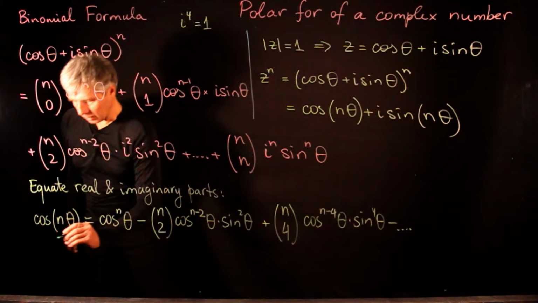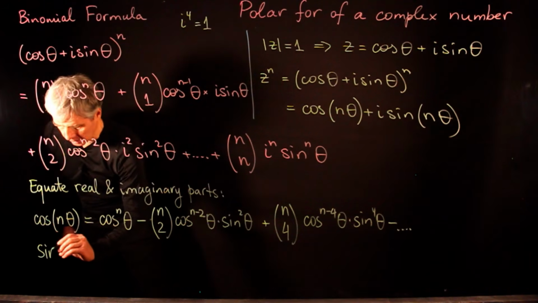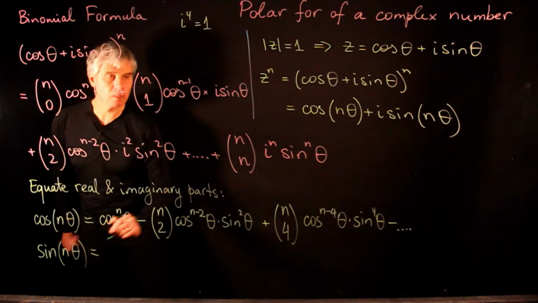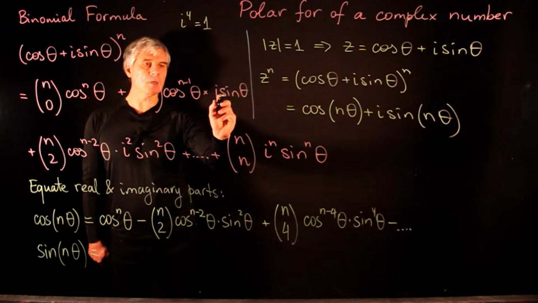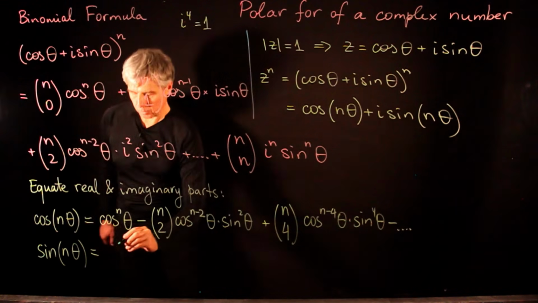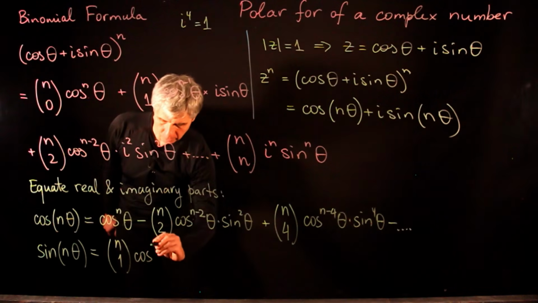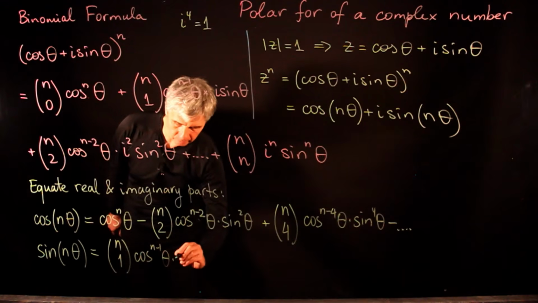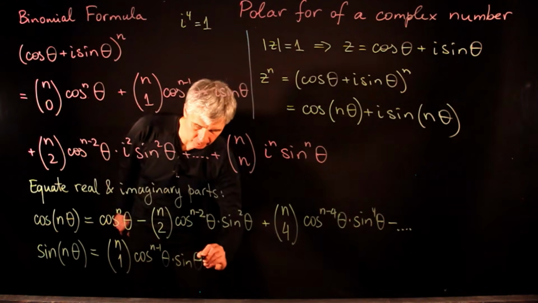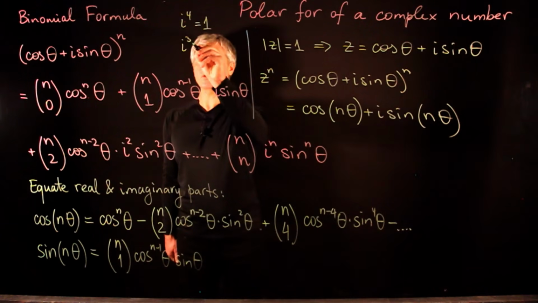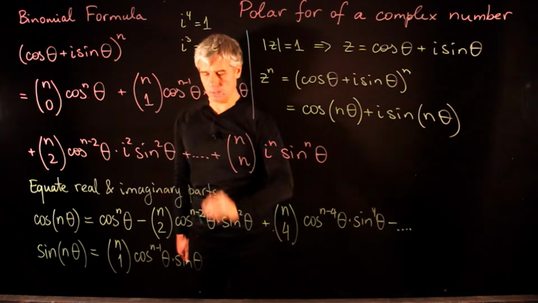And if we equate imaginary parts, sine of n theta equals, here we take the terms with i. So we'll have n choose 1 cos to the n minus 1 theta times sine theta. The next term will be with i cubed, and i cubed is equal to negative i.